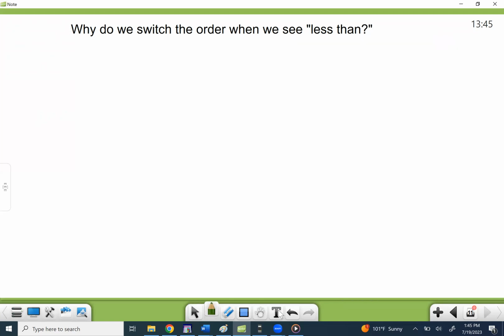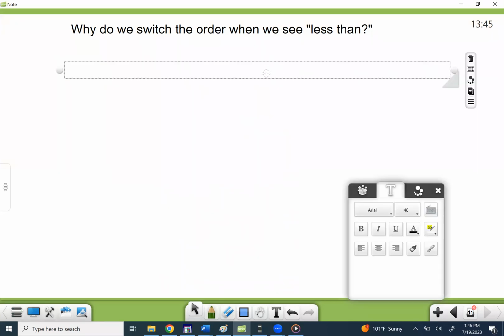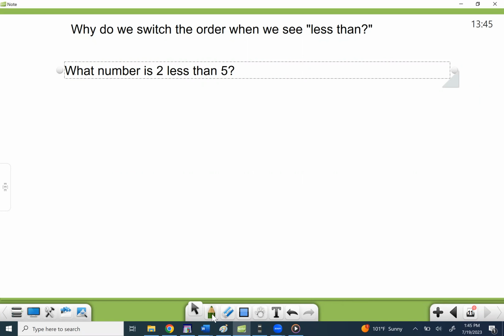All right. I'll give you a really simple example and you'll be like, oh, okay. What number, don't think too hard, what number is 2 less than 5? I'm sure most people would say 3, right? Okay, so did we straight up go 2 minus 5? No, we did not. That would be -3, right?